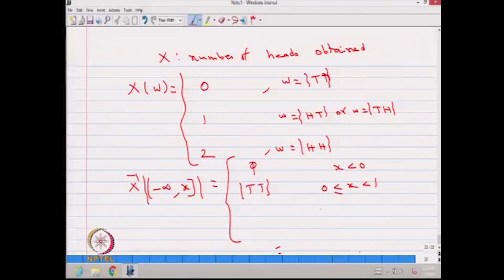When x takes a value from 1 to 2 excluding 2, it is going to be head tail, tail head, tail tail.